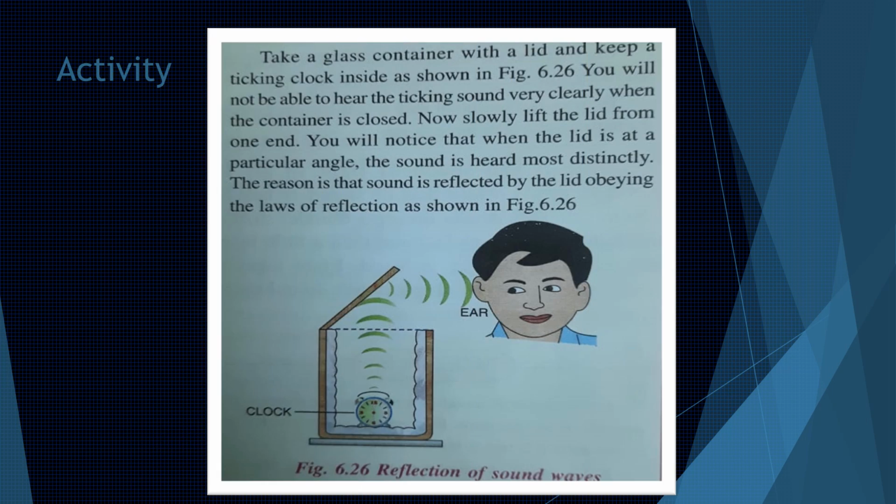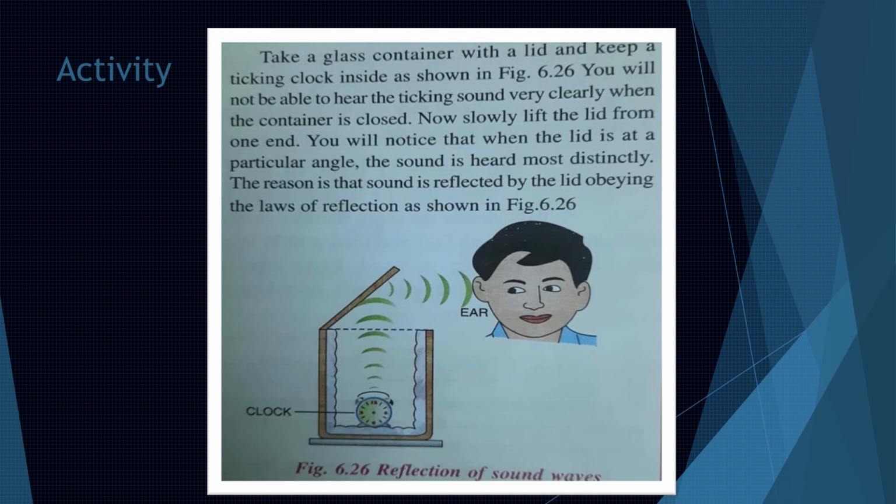Let us now see an activity showing reflection of sound waves. As shown in the figure, you have to take a glass container with a lid and keep a ticking clock inside it. Now you will not be able to hear the ticking sound very clearly when the container is closed.